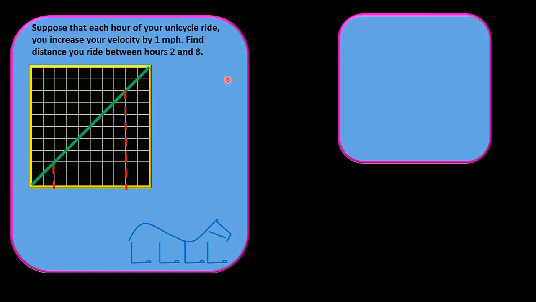Now let's think about the function here. This would not be v of t equals 6 like it was before. It would be v of t equals t. Now let's think about how far you would travel in the first 8 hours. In the first 8 hours, you're getting the area of this triangle under this curve.